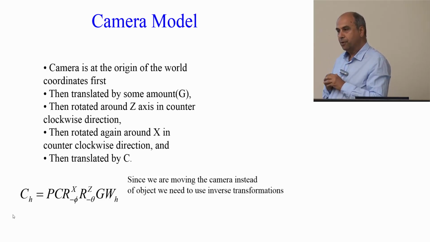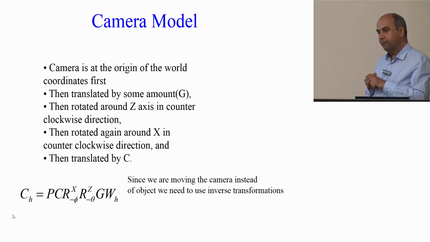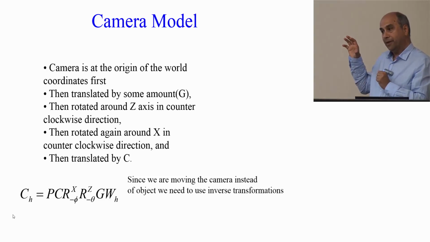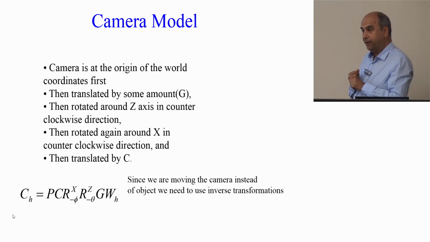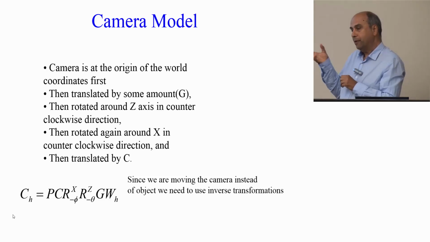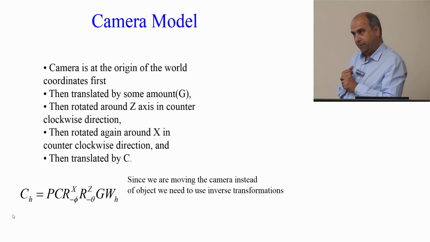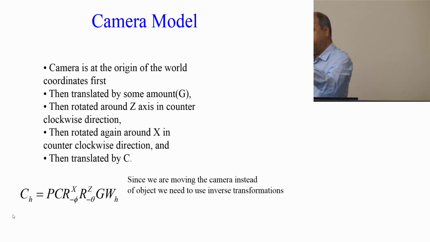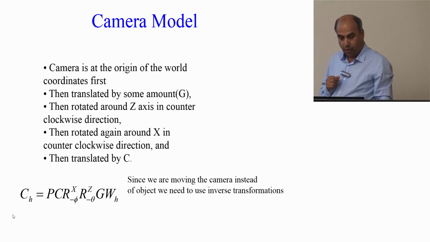So we just have to make sure of what we are doing. Since we are taking a picture of the scene, say there's an object there, and the camera is rotating, we have to use the inverse transformation. If the object was rotating, then we would do the forward transformation because it's relative.